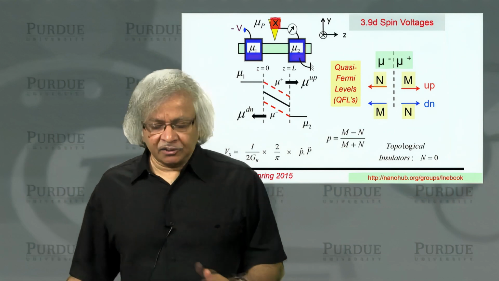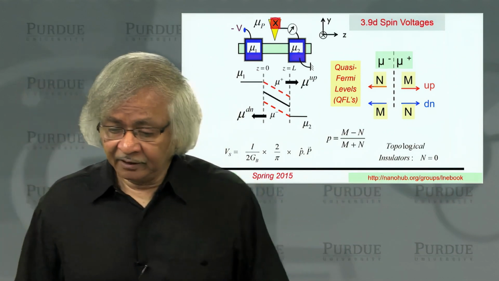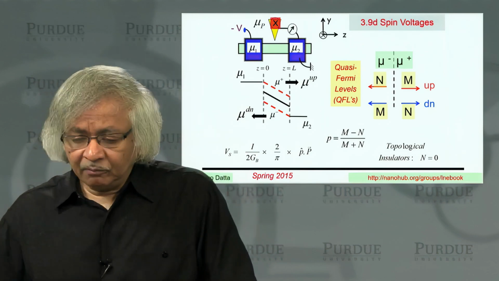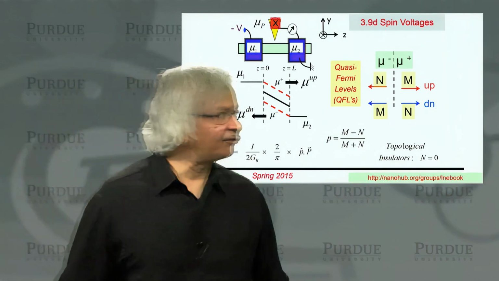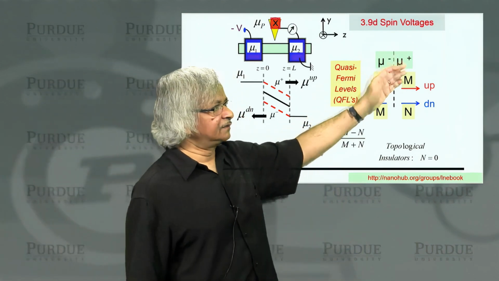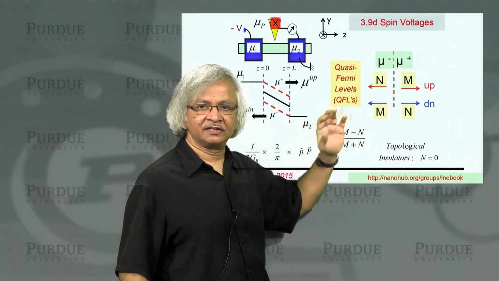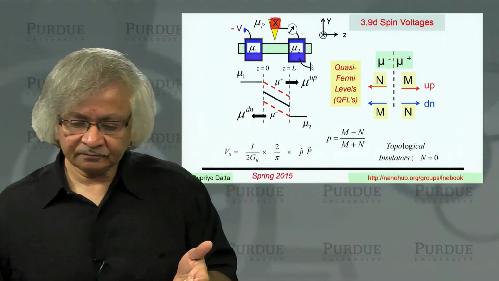And as we move into new materials, especially with spin-orbit coupling, and we talk about ballistic conduction and so on, more generally, we should have 4 quasi-Fermi levels because there are 4 types of states. There's upspin, downspin, right moving, left moving. So there's 4 combinations, and each one could have a different quasi-Fermi level.